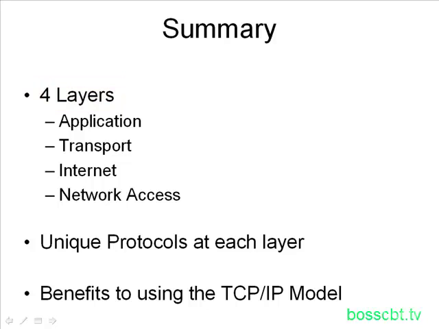Not only that, we know that there are unique protocols associated with each layer, and make sure you keep some of those in mind. Finally, we know that there are a lot of benefits to using this type of model, and also, there again, commit some of those benefits to memory and make sure that they actually make sense to you when you think about using a model to interpret a very complicated process like computing.